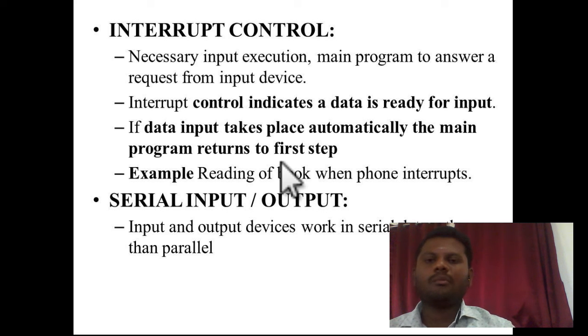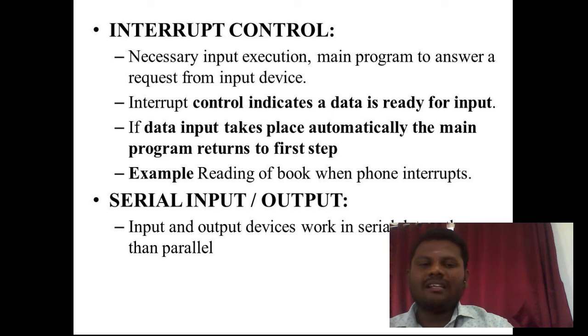For example, reading a book when the phone interrupts. If the phone rings while reading, it is one of the interrupts. At that time you start reading again from the starting point of the book. Likewise, the interrupt control works.